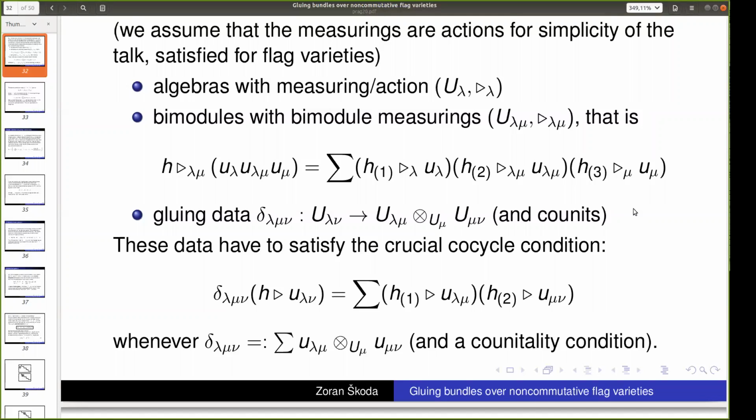You see, braided groups is one thing, and the difference in generalization between the smash and cocycled cross products is a different thing. So this difference between measuring and action is like a difference between cross product and cocycled cross product. So it's different than going into a braided version. Yeah, I see. Okay, thanks.